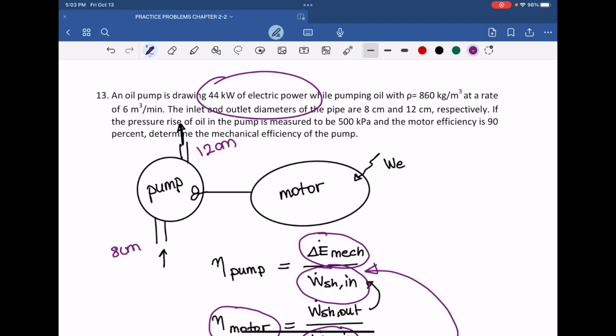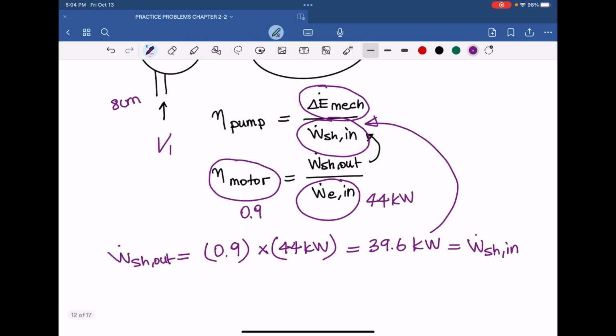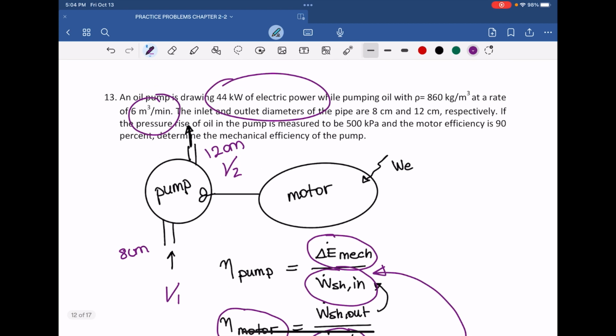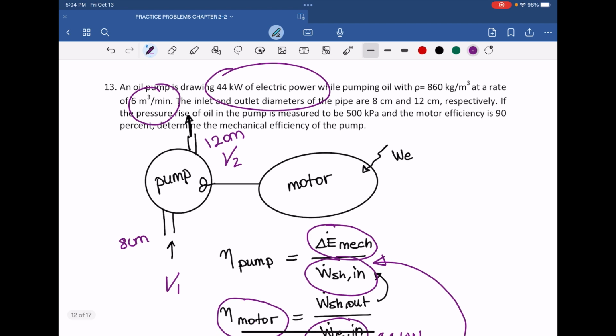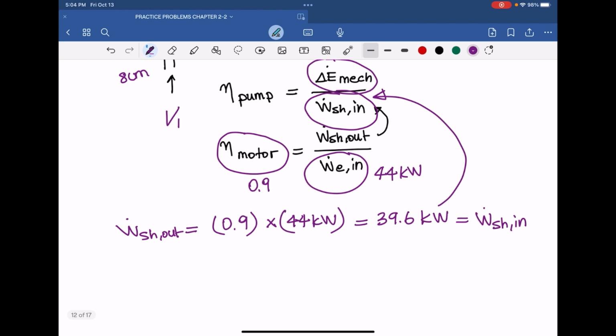And since they also give you the volumetric flow rate, you should be able to calculate inlet velocity and exit velocity from that equation. So that means there is some kinetic energy change and the pressure change. So it is possible we can calculate the mechanical energy change and the rate of mechanical energy change. So let's do that, okay? So first of all, we know that, let's write it down, black colors.